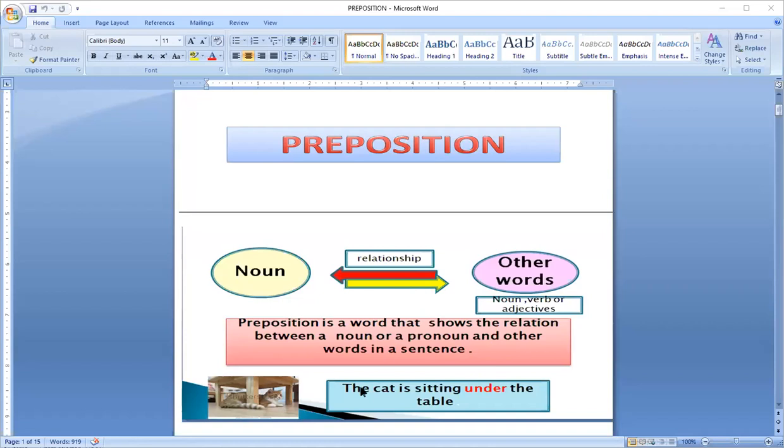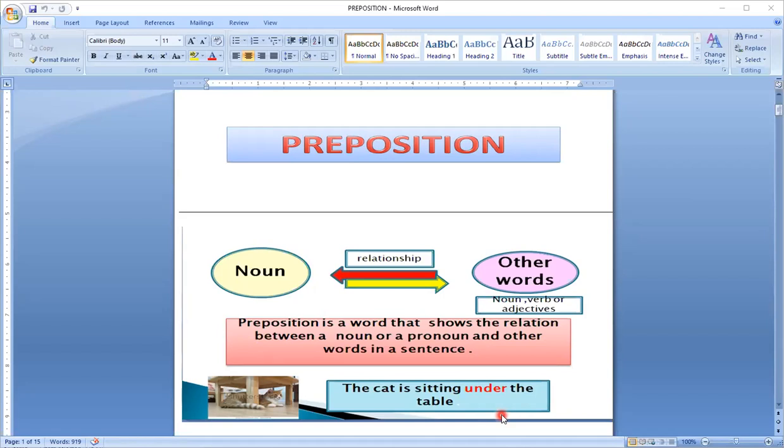Okay students, now notice, I am giving you an example: the cat is sitting under the table. Okay, so here under is used to link the table, which is a noun, with the placement of a cat. यहाँ पर जब हम इस sentence के अंदर बात कर रहे हैं, तब आपको ये पता चलेगा कि इस sentence के अंदर जो linking word है, वो है under. Here you use under to link the table, which is a noun.